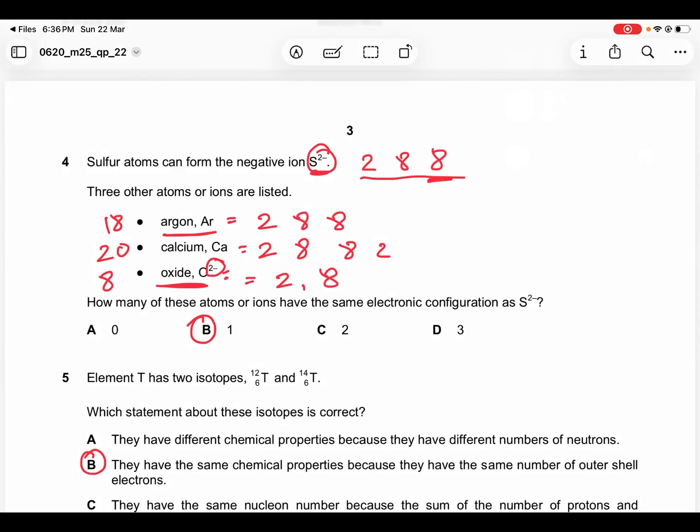You can see that I have written the electronic configuration according to the ions or atoms given here, and only argon matches the electronic configuration of the sulfide ion, and hence it is only B.